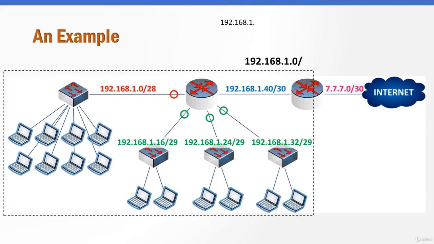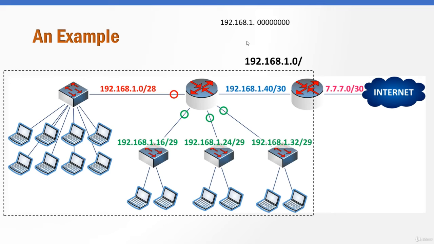We're just going to look at the network that has the highest value in its fourth octet, and that's this network, 192.168.1.40. So we need to think about what's the last usable IP address in this subnet, and that's 43. So 40 is the network ID, 41 and 42 are the two usable IP addresses, and then 43 is broadcast.